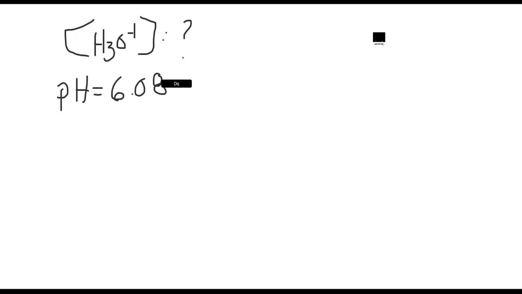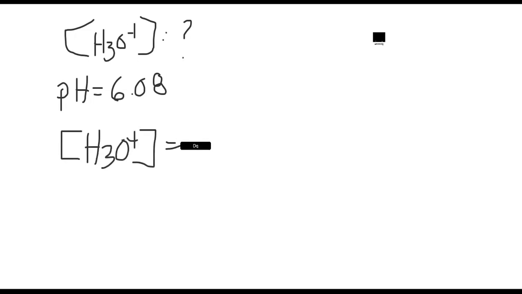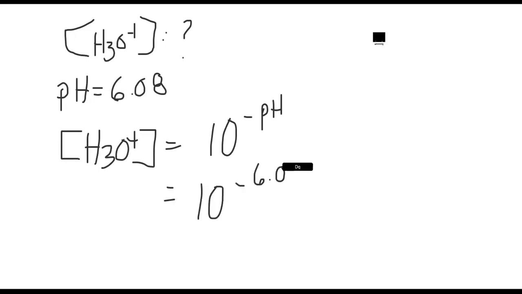So we're just using this equation here, 10 to the negative pH. So you would plug in negative 6.08 up here. For me, on my calculator, that's the second log button, and then I do a negative 6.08.